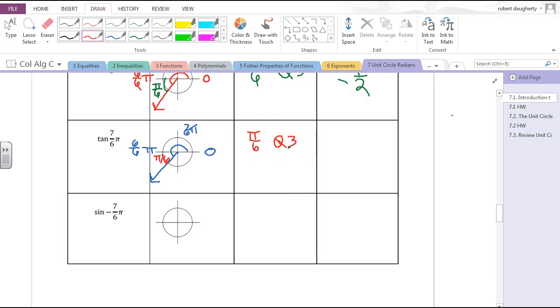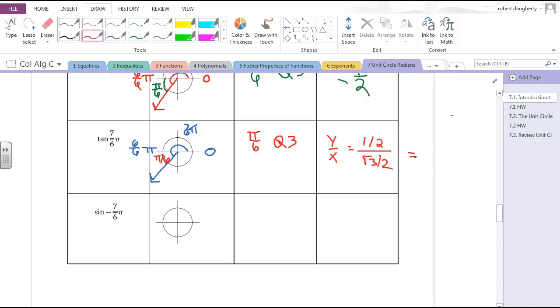Okay, what's the definition of tangent? Y over x. So go to pi over 6. What is y over x? It's 1/2 divided by square root of 3 over 2. Okay, we don't like to leave it like that.